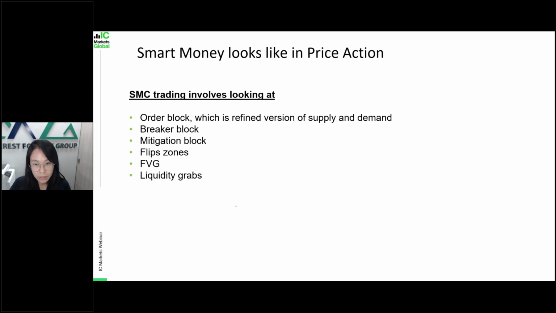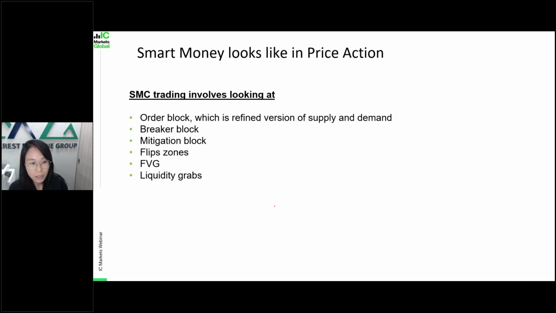And these are the terms in SMC trading, which involve looking at order block, a refined version of supply and demand, breaker block, mitigation block, flip zones, FVG, and also liquidity gaps.